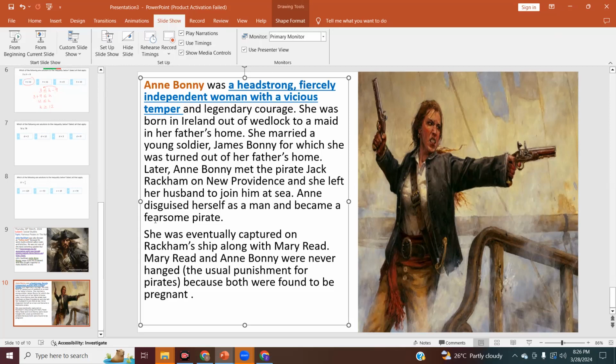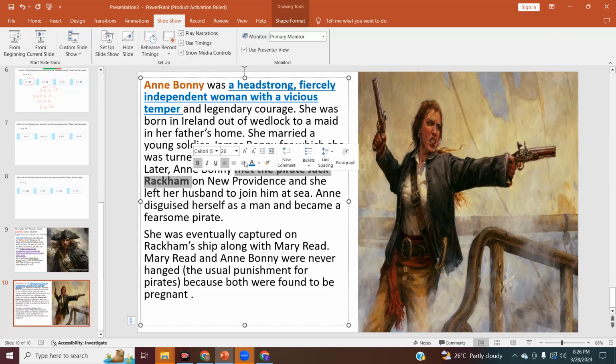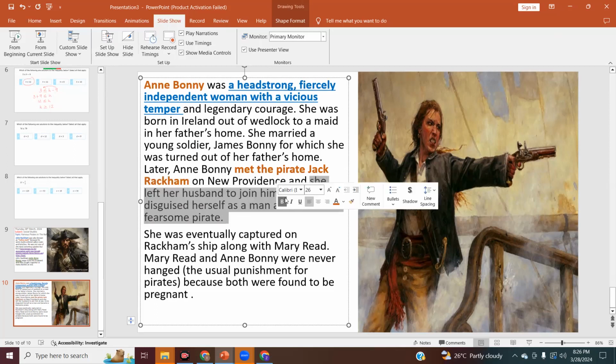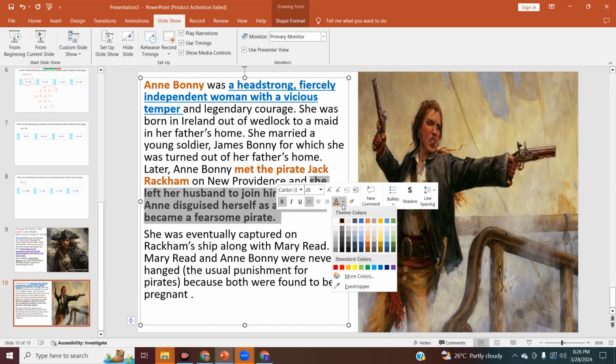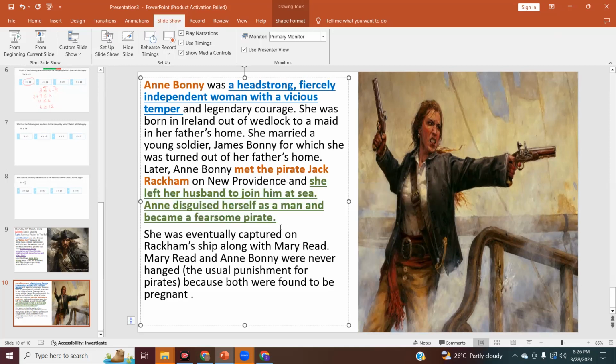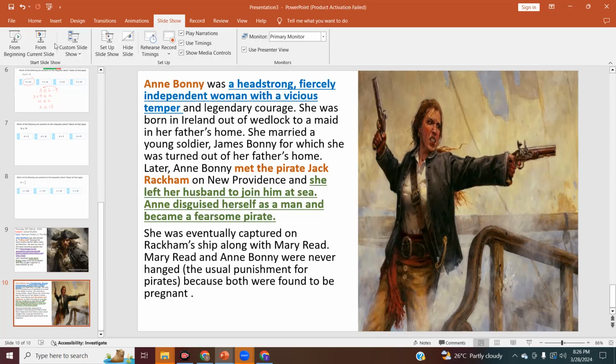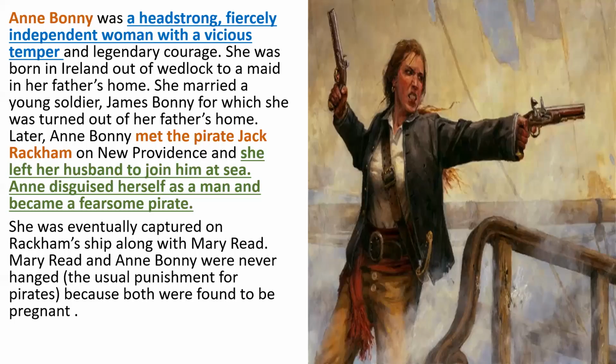Okay, so what was the name of the pirate that she fought alongside? John Rackham. Now the first part said that he stole her, but this one sounds like she wanted to go. She left her husband, disguised herself as a man and fought in some fearsome battles. She was eventually captured, but she wasn't hanged because of pregnancy.